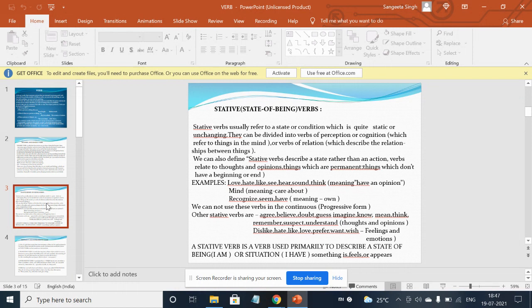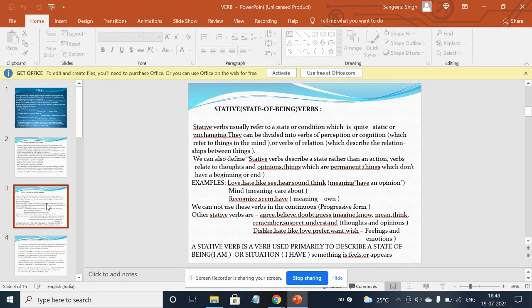We can also define stative verbs as describing a state rather than an action. Verbs relate to thoughts and opinions, things which are permanent, things which don't have a beginning or end.